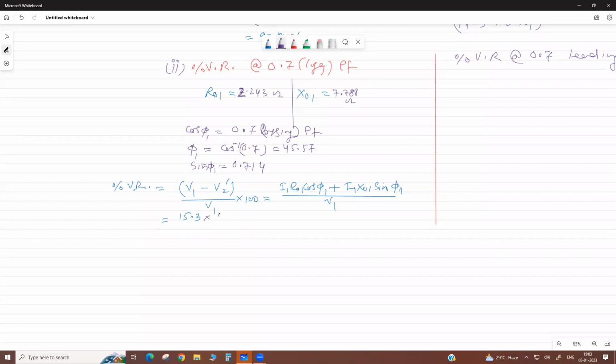Into resistance 2.243 into 0.7 plus 15.3 into X01 7.788 into sin phi 0.714, divide by V1.